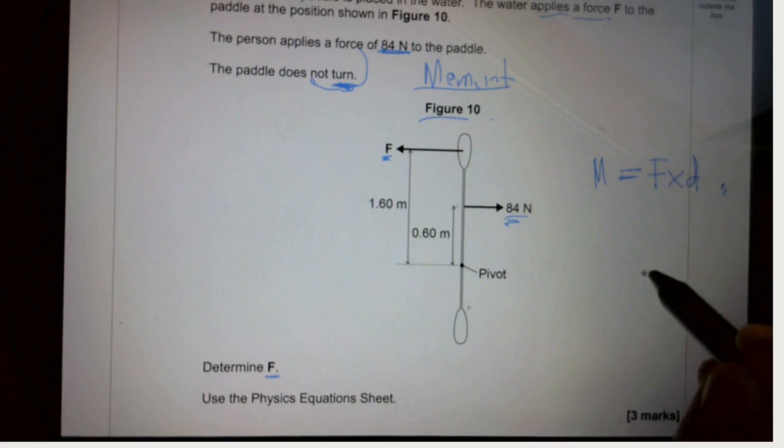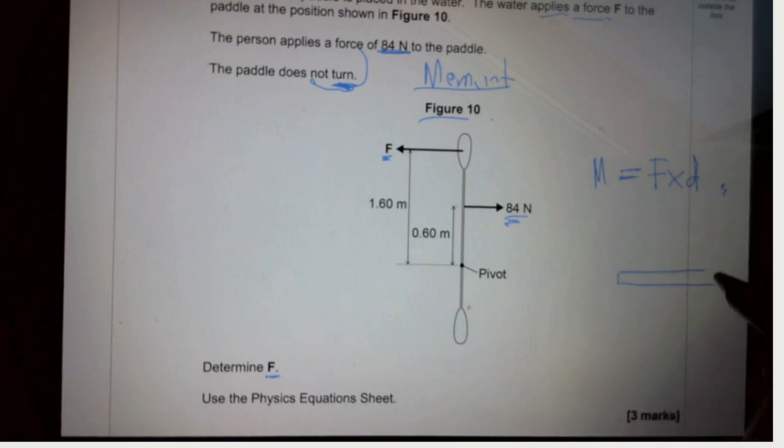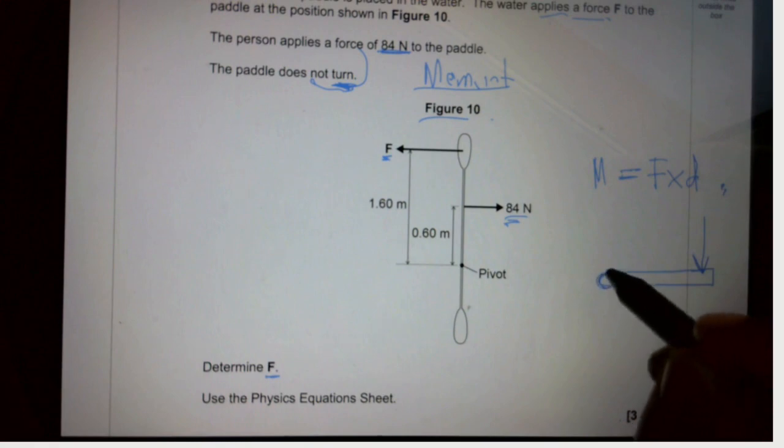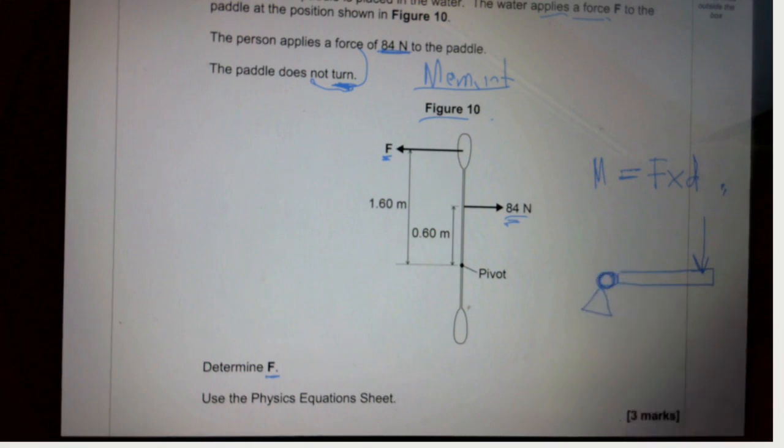Let's say we have a bar or a rod, and a force is applied to this rod, and there is a pivot here that holds the rod. If this person applies a downward force to the rod, it simply means that the rod will rotate in this direction, which is what we call anti-clockwise.